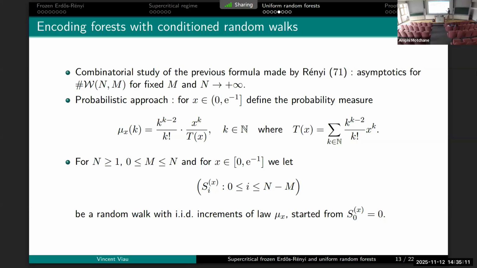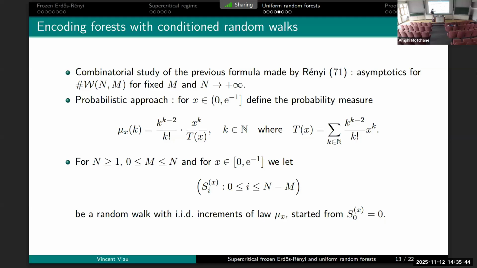Okay, so we can define for every x in this interval these probability measures, where t(x) is the exponential generating function of Cayley trees, and have this expression. And we can just define a random walk with jumps which are given by the distribution mu_x, and which starts at 0 at time 0.